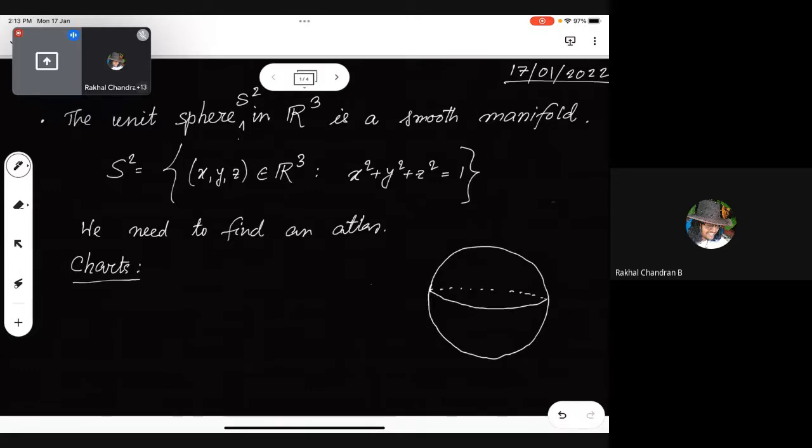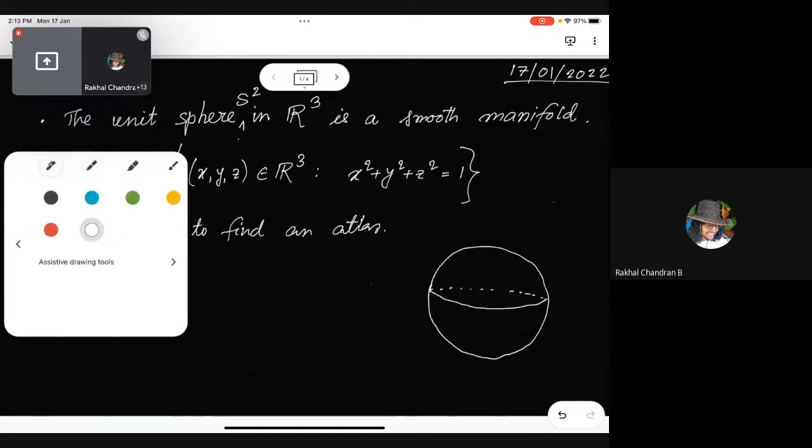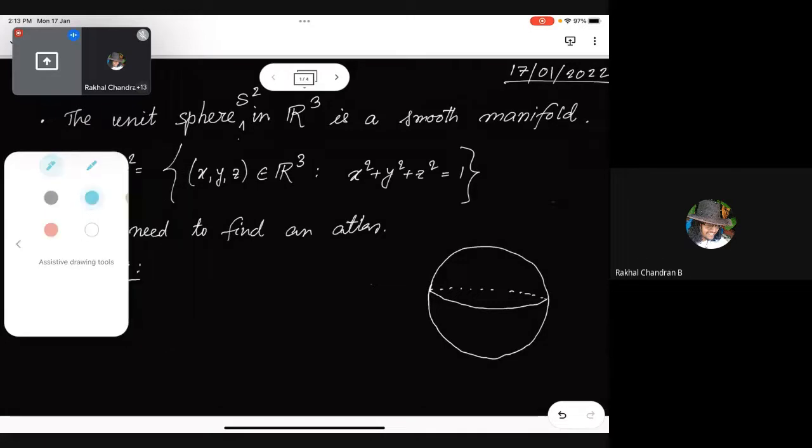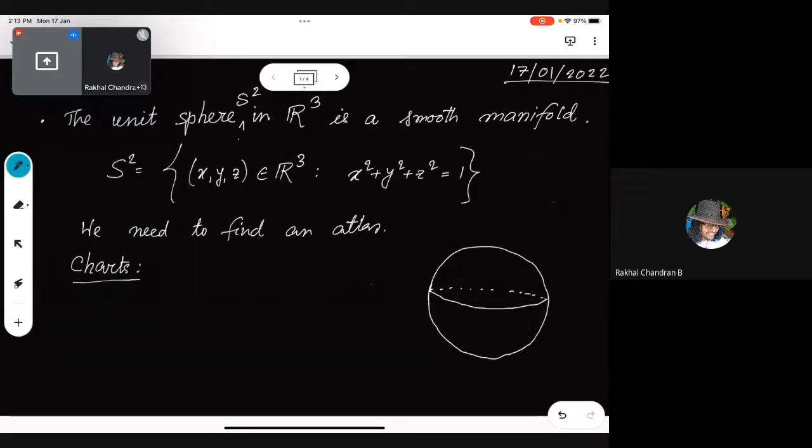If we look at the coordinate axes, let's call this the x-axis, this the y-axis, and this one the z-axis, right?